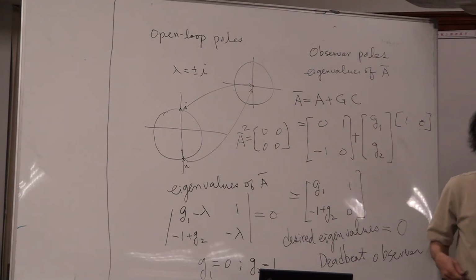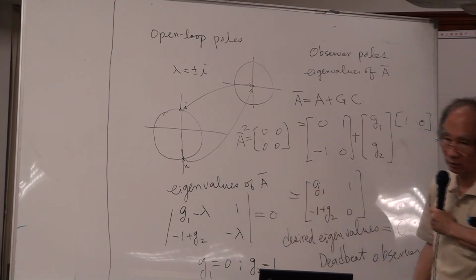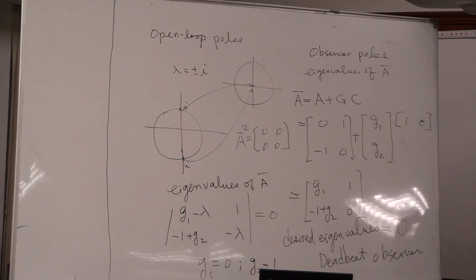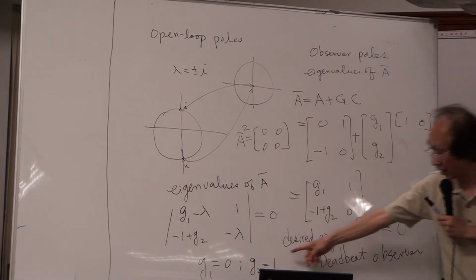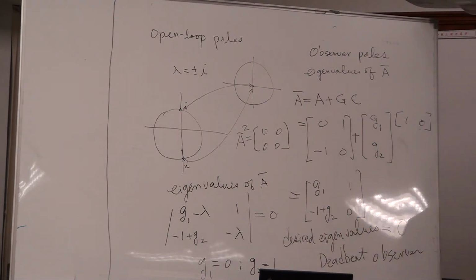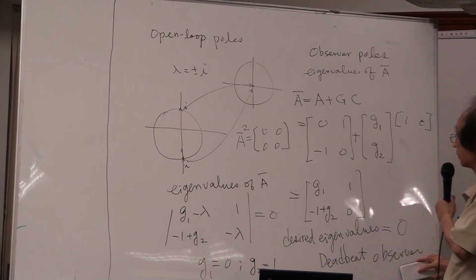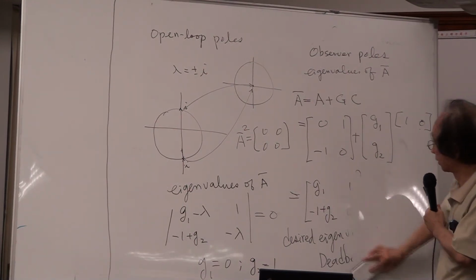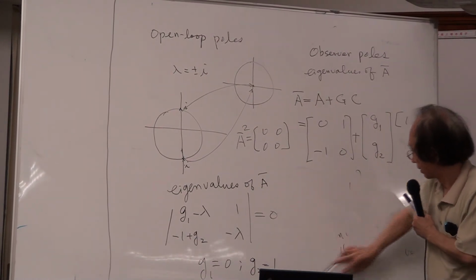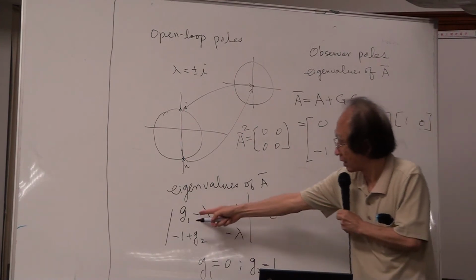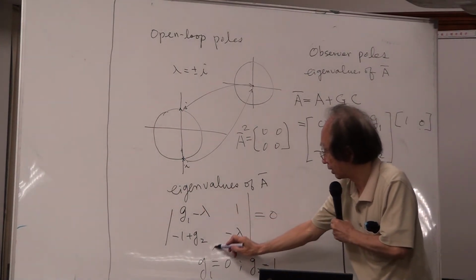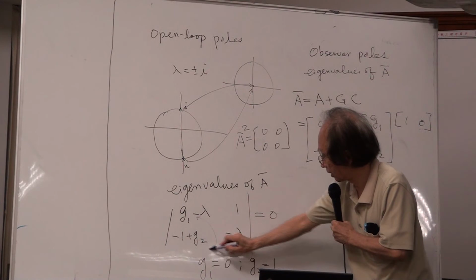So in your homework, as a matter of fact, you can do it this way too, if you like, rather than solving A bar squared equal to 0, 0, 0, 0. That's one way to do it, and this is another way, and they represent the same thing. Now, if you don't believe me, put this one in here.